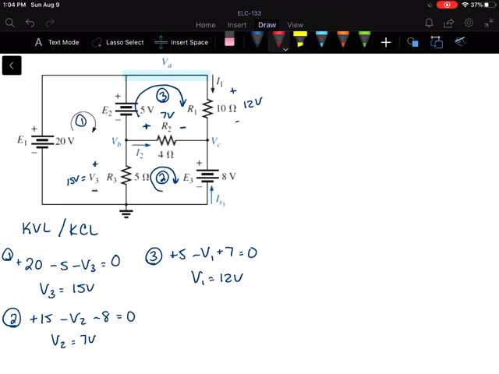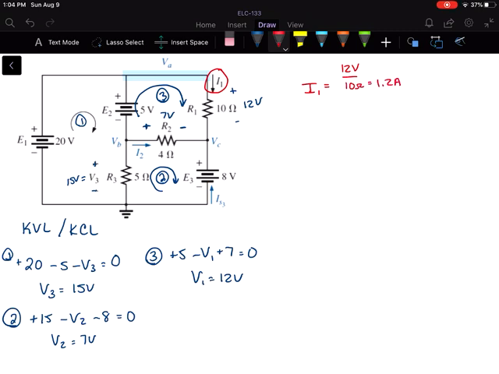All right, so now that I know all of the voltage drops across all of the resistors, I can find the current through the resistors. I can't use Ohm's law to find the current through my sources because I don't have enough information to do that. But I can find, let's start with I1 right here. I know that it has to be the voltage drop across R1 divided by R1.